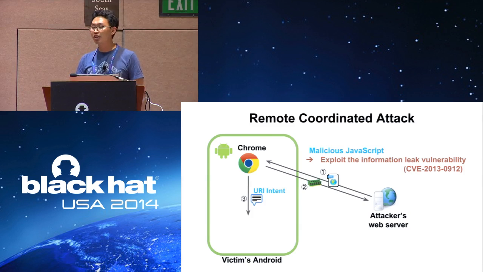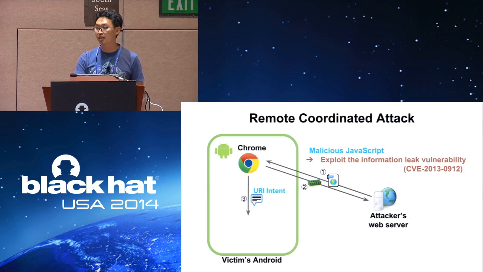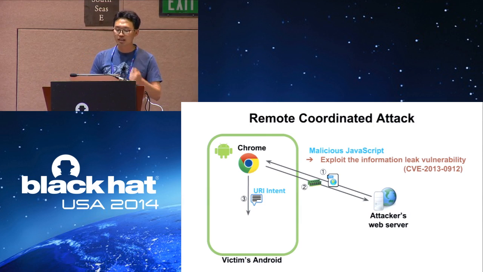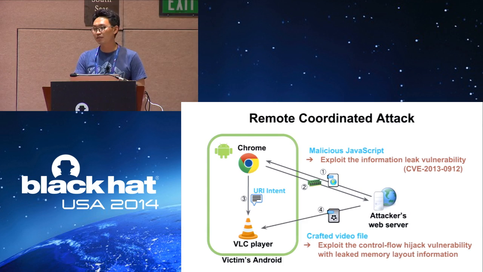And then using the URI intent from the JavaScript, which is simply the open function in JavaScript, if you specify the target URI with the specific application's registered intent, then you can automatically launch the VLC player with the specific URL. Once VLC gets the URI intent, it will automatically contact the attacker's server and start to download the video file.